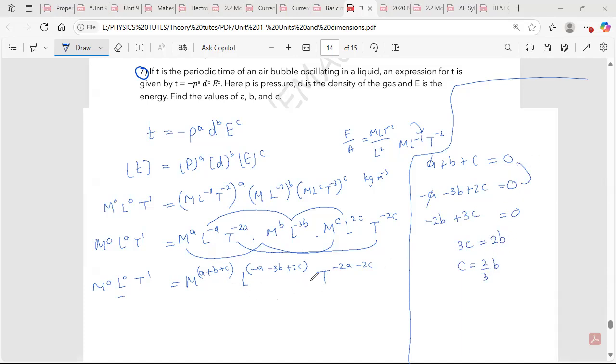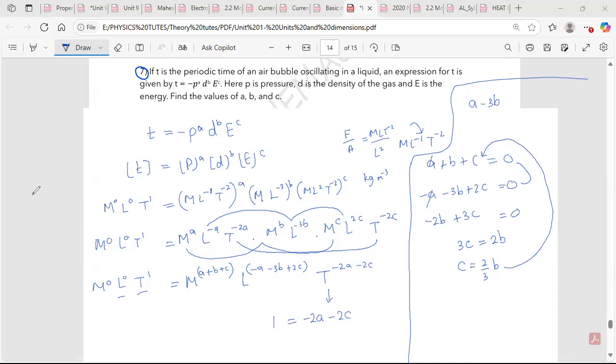Then for T, it's 1, no, this side. 1 equals minus 2a minus 2c. We can substitute c as 2 over 3b here. So you get a minus 3b.